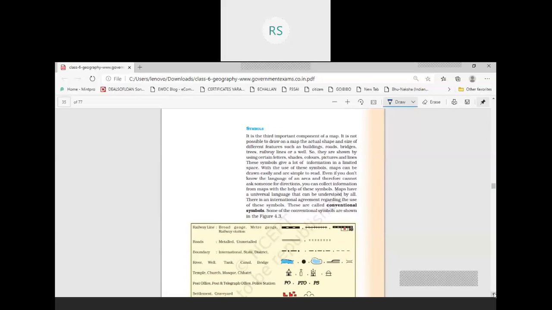When we draw a map, different types of features are present on the actual site. There will be different types of buildings, roads, bridges, trees, railway lines, everything will be there. But we cannot draw all these things on the map.